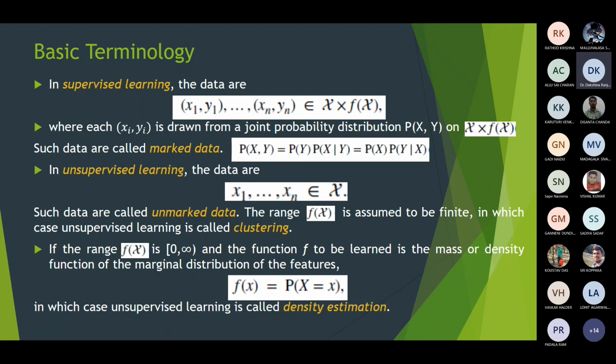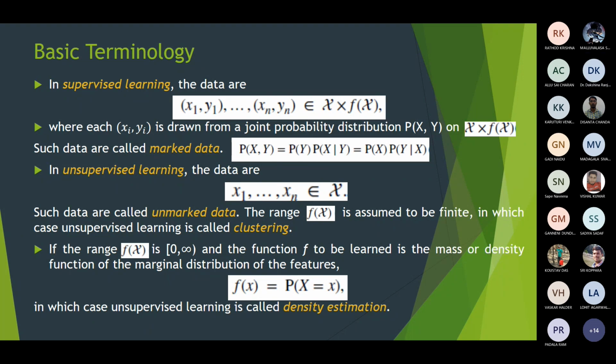When we draw the data from the joint probability distribution, we can draw it in two different ways. Here capital Y represents the range, so this Y can be drawn from the range f of x, and the data x can be drawn from the conditional probability p of x given y.